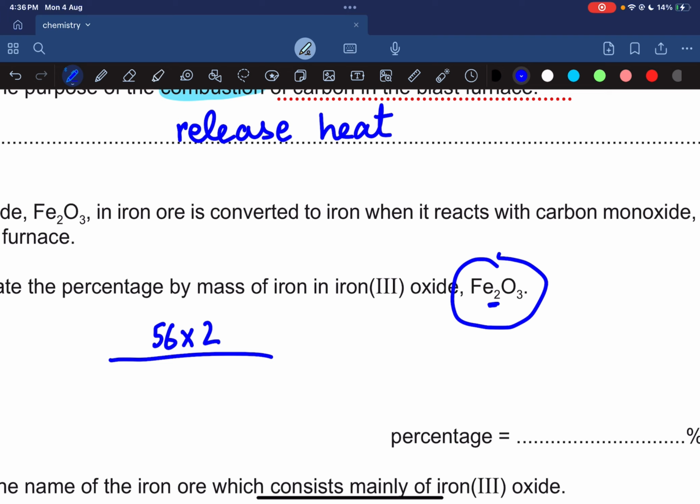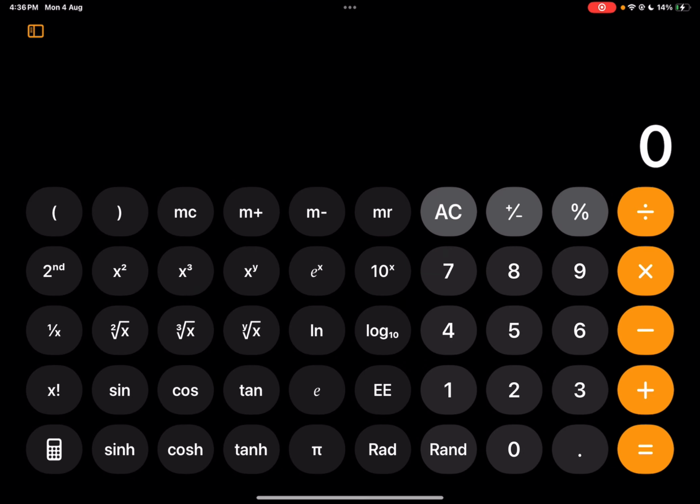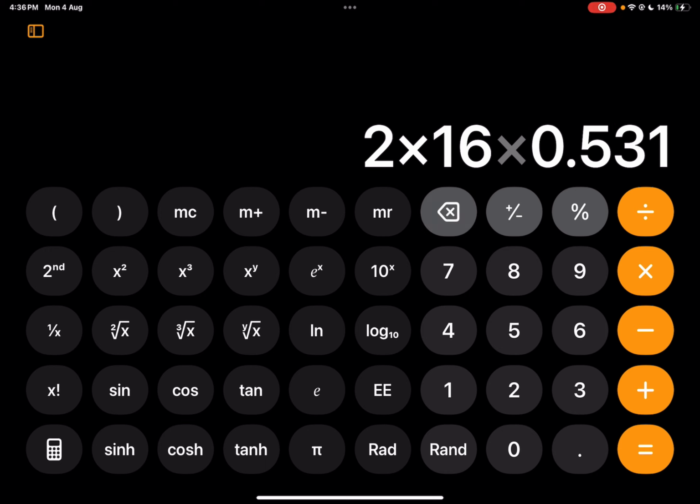The total is basically this entire thing, so it's 2 times 56 plus 3 times 16, multiplied by 100%. I'm very bad with calculations. 2 times 16, I think I'm doing something wrong.